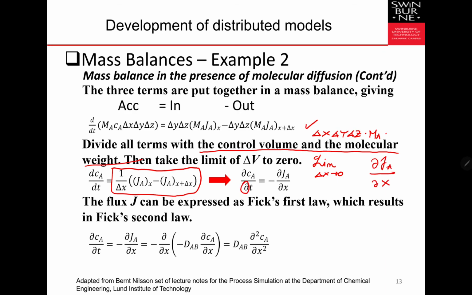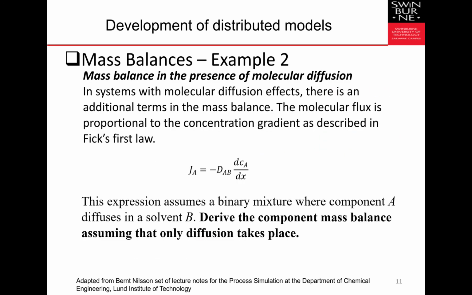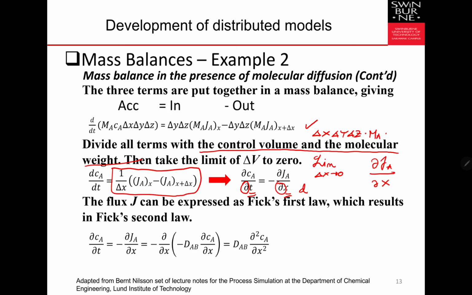We use the notation of partial derivative here instead of d because we have two different independent variables in the derivative. Then we can substitute Fick's first law into the derivative here.